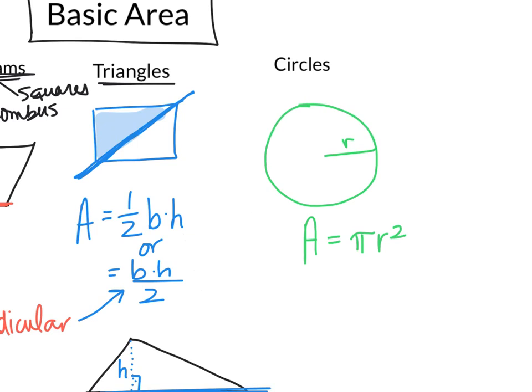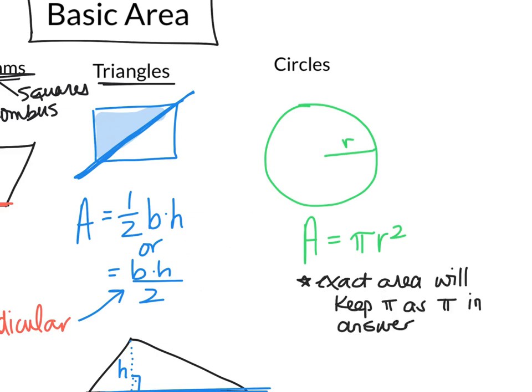Remember that this squared is only on the r. So if you need to write that down, this exponent is only on the r. Exact area will keep the pi in it. And then remember, you need radius, so if they give you diameter, you might have to cut that in half before you can use that in your equation.